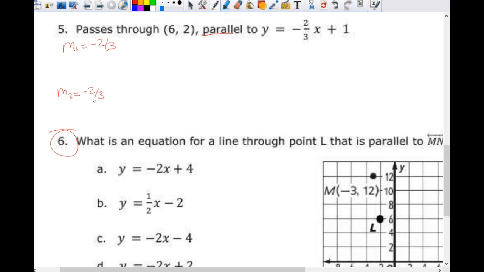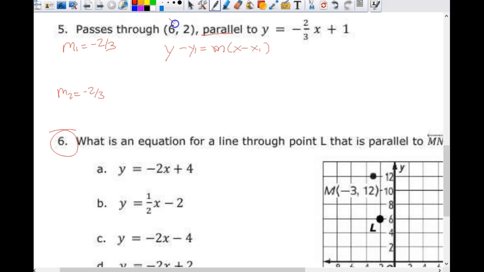So what is it, Jonathan? y minus y1 is equal to m times x minus x1. Good job.